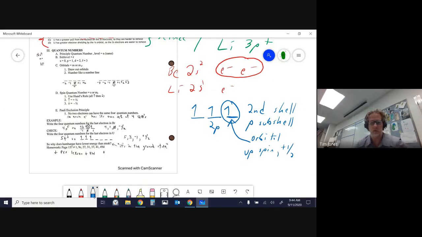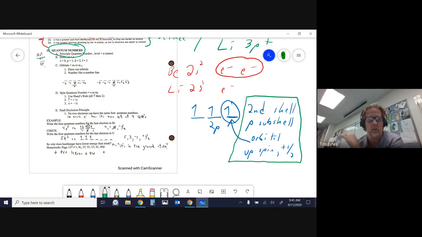Well, it turns out there's a way to do this with numbers only, and it's called quantum numbers. I mentioned it's not on the AP exam, but I still want you to know it because it gives you good background. So I'm going to show you how to assign quantum numbers. It's pretty easy. The first quantum number, the level or shell, you already know.